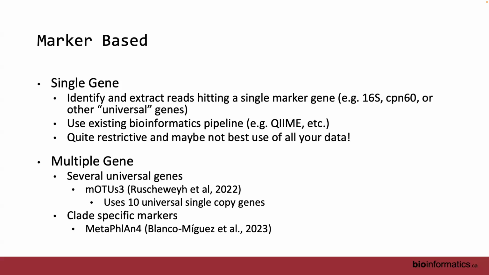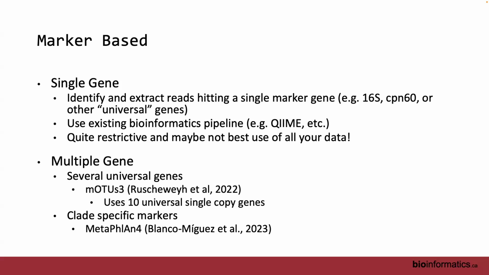Yes, John? I have a question about these approaches. These marker genes that they're using, are these chosen because they're not known to be involved in natural gene transfers? They use that as criteria for deciding these marker genes, you know? For the universal single copy genes, yes. I've sort of seen those. There's still a chance that some of them are horizontally transferred, but they are selected against in that approach.